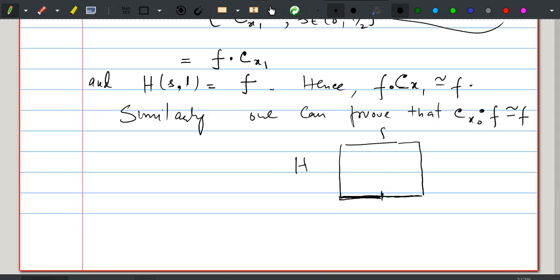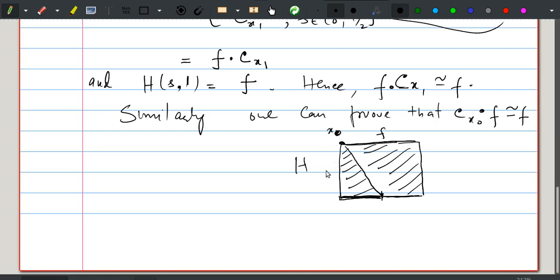So in this region h travels f, and in this region h stays all the time at x0. It is left as a home assignment for the viewer to exhibit this homotopy.